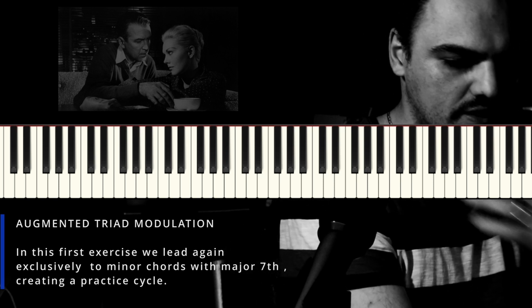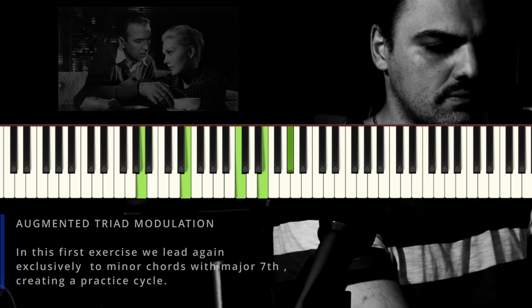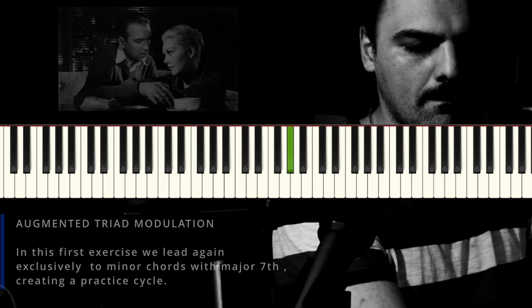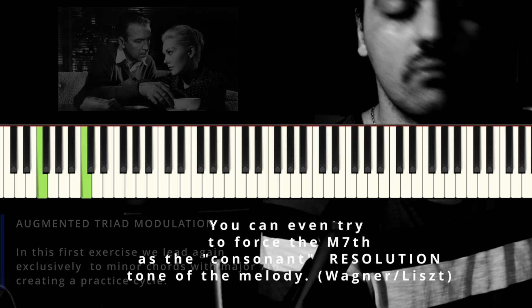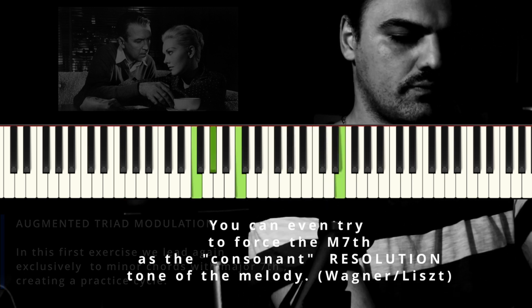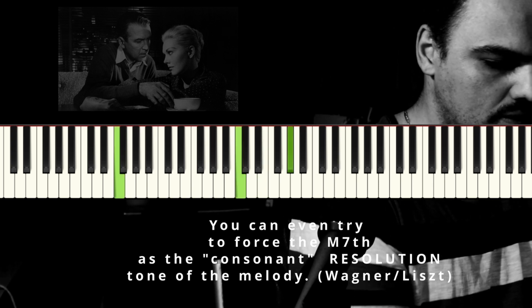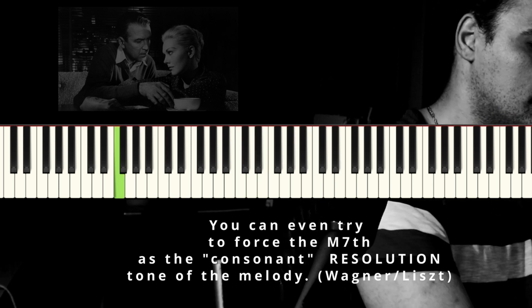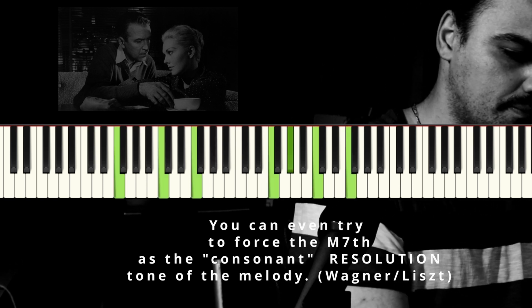So the pivot is the ambiguity of the augmented triad. You can, for example, just leave it alone, playing. And again, you can do the same thing, F minor, for example.